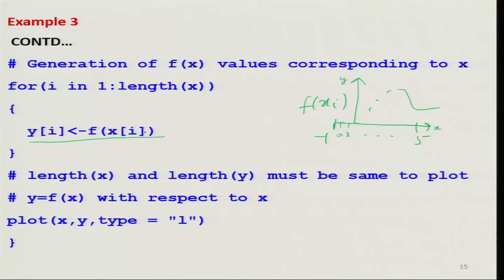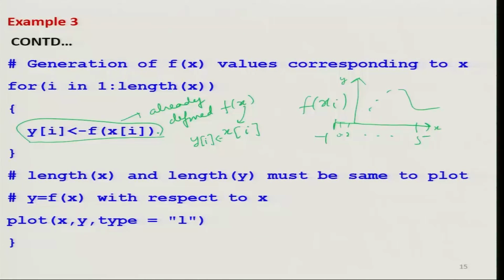You can see that we already had defined f of x. Now, this x is going to be replaced by x of i, and this value is going to be stored in yi. So, this is what is happening here.